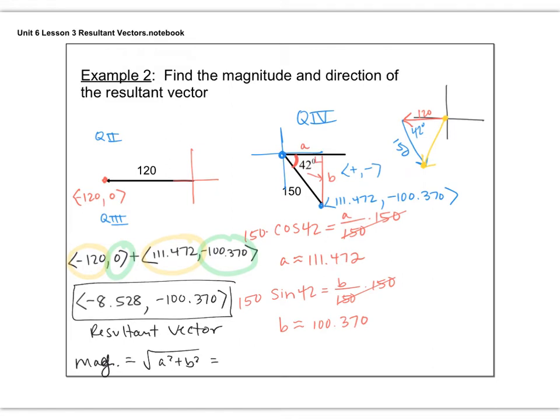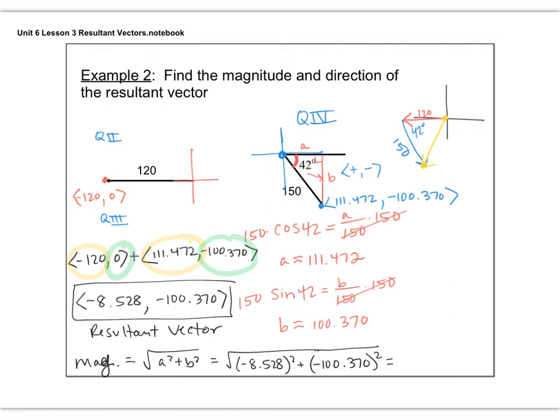So we're going to take the square root of negative 8.528 squared plus negative 100.370 squared. When you type these in, remember you have to put parentheses around the negative 8.528 before you square it. Otherwise, it will give you a negative answer, and we want that to end up being positive when it gets squared. And also don't forget to take your square root.